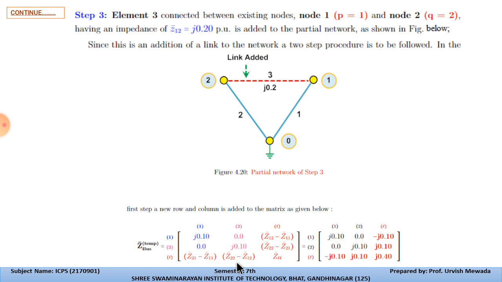So Z21 minus Z11 and Z22 minus Z12, so this will become minus j0.10, and ZLL, which is the link added, is an addition of all this, so this will become 0.40. This is how we can form the matrix for all three branches, where one is a link and the rest two are branches.